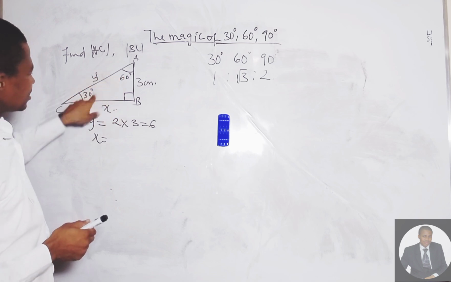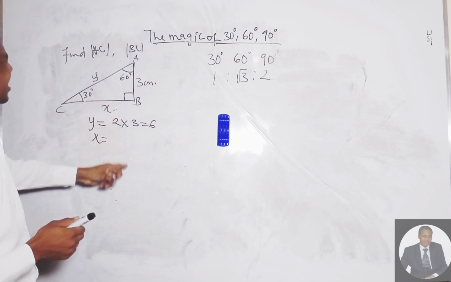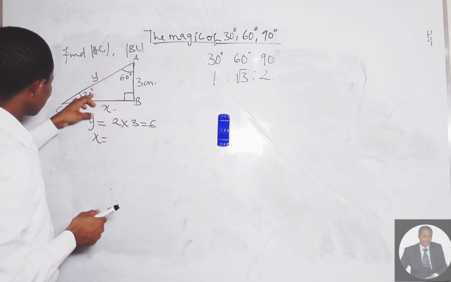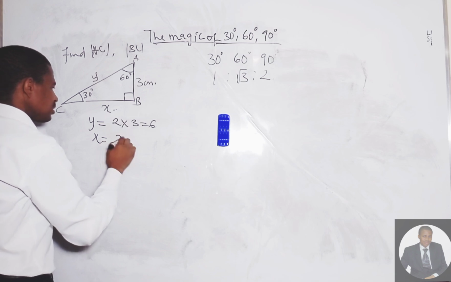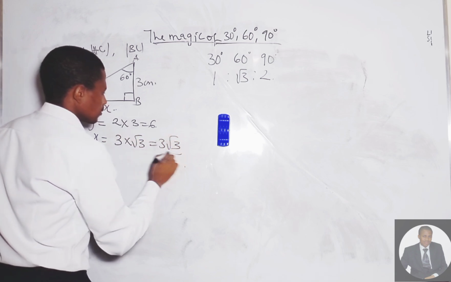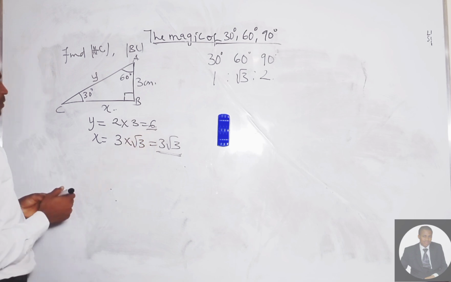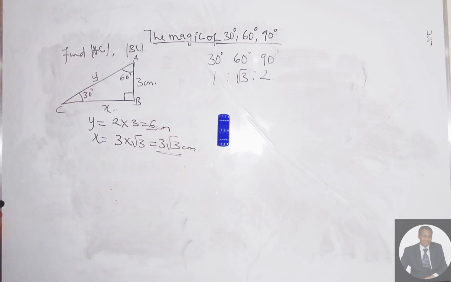To get the side facing 60 degrees, we'll multiply whatever the side facing 30 degrees is by root 3. So we're going to have 3 times root 3, and that will give us 3 root 3 centimeter.